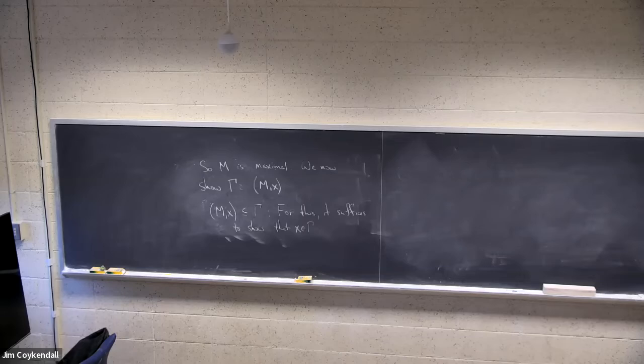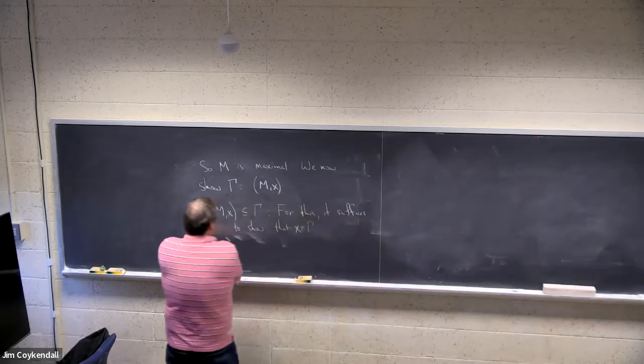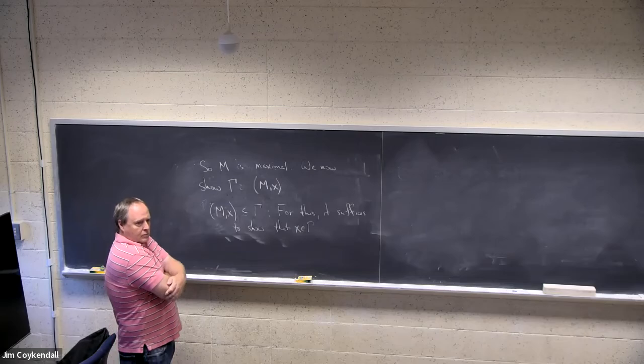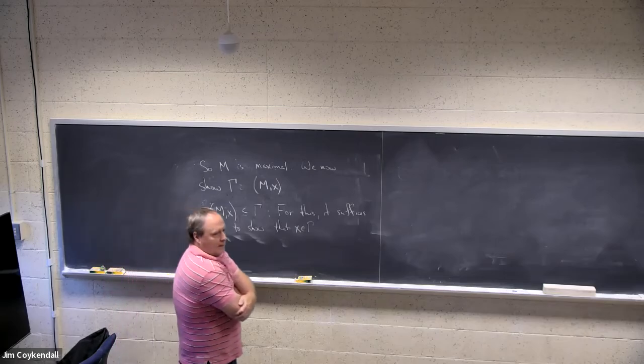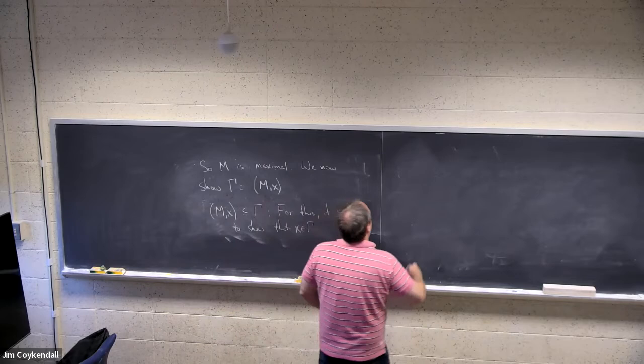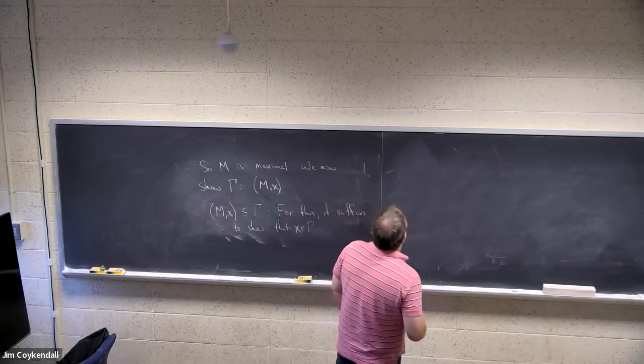How can we show that X is in there? Okay, how are you going to do that? If X wasn't in there, it would not be a maximal ideal, because we would still be able to add X, and given the nature of the constant terms, we wouldn't get everything. Good, that's exactly right.